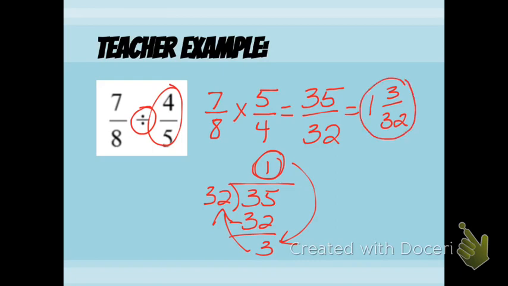Okay, so the steps again were, keep the first one, change that to multiply, flip that one over, multiply straight across, then simplify your answer.